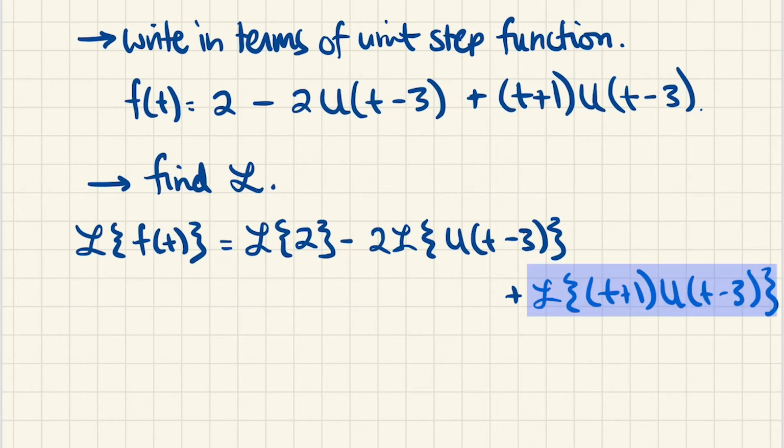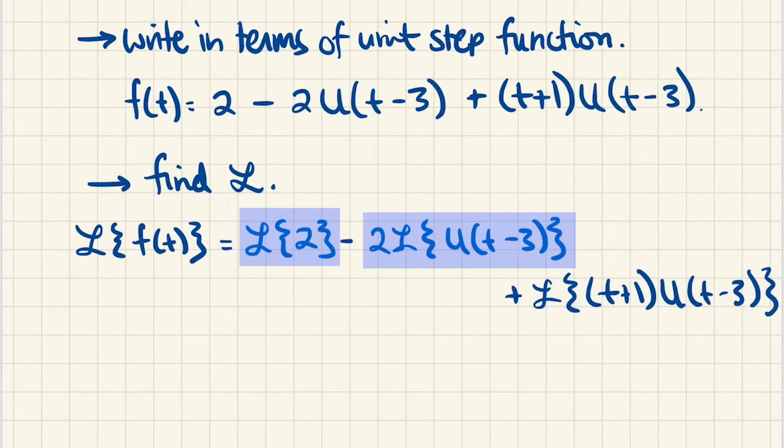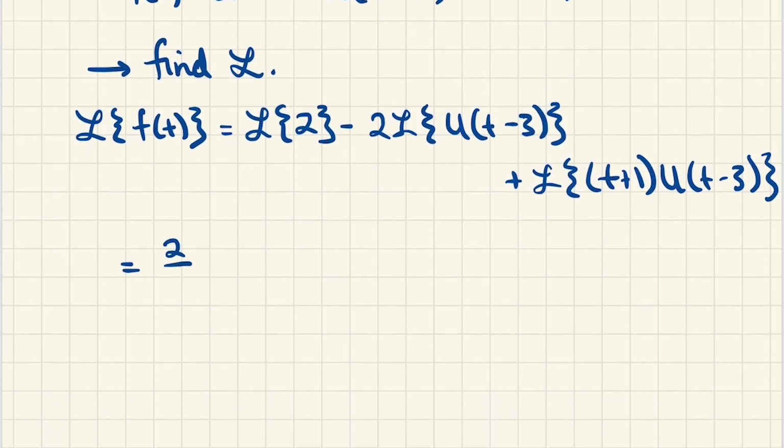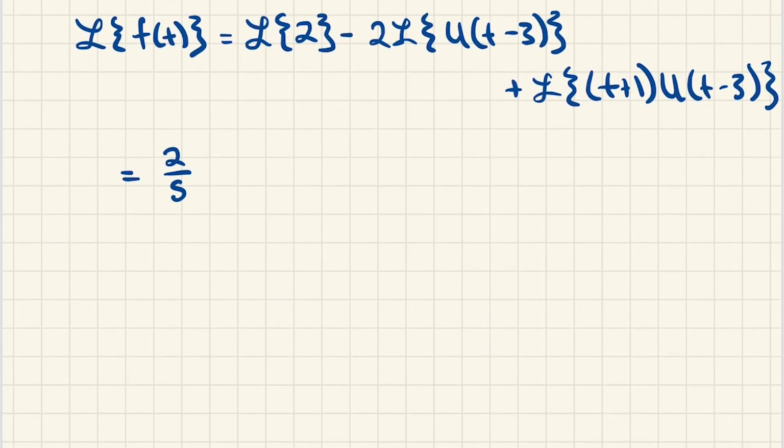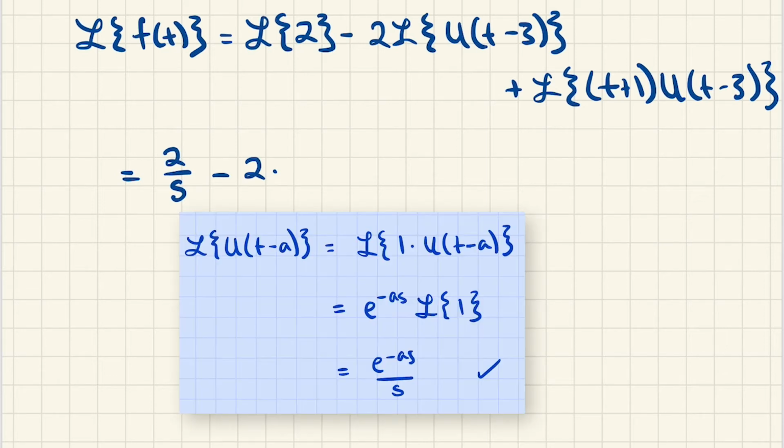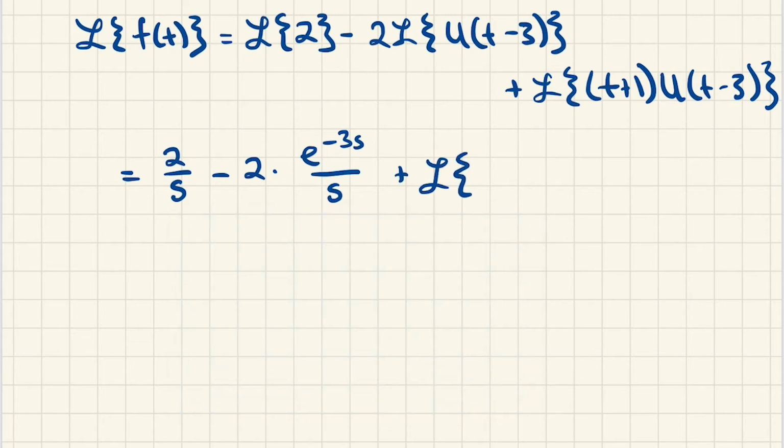Now, that part's going to take a little more analysis, but the first two terms are pretty straightforward. So the Laplace transform of 2 is, of course, 2 over s. And the Laplace transform of the unit step function, we already worked that out in an earlier example. That's going to be e to the negative 3s divided by s. Okay, so we just have to figure out what this thing is.